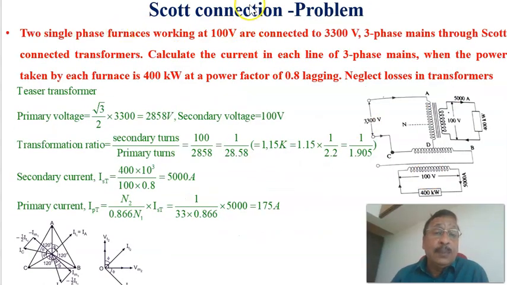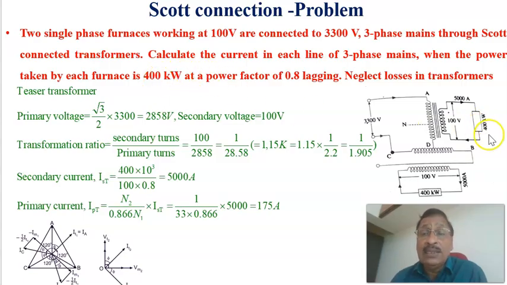Now let us see another problem. Two single phase furnaces working at 100 volt are connected to a 3300 volt 3-phase main through Scott connected transformers. Calculate the current in each line of the 3-phase mains when the power taken by each furnace is 400 kilowatt.